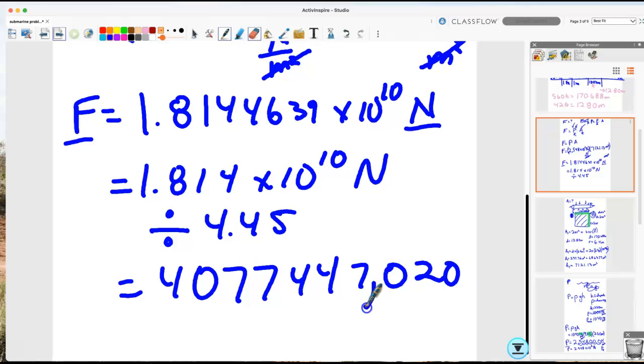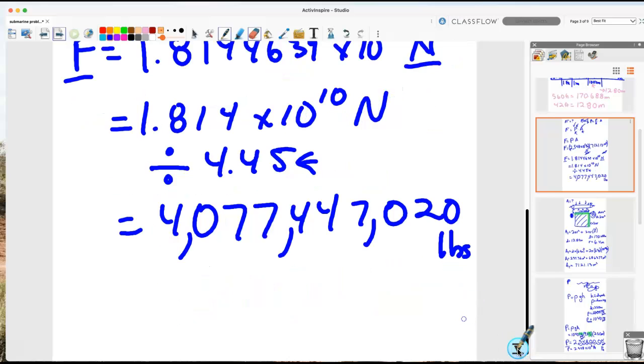This 4.45 converts it into pounds. Give you a better idea. So that is, if we count that, 4 billion pounds. That's the force that the submarine has to withstand, that the body of the submarine, the outside, has to take.